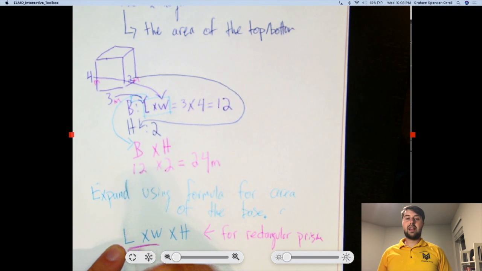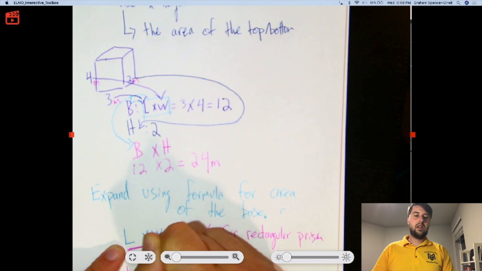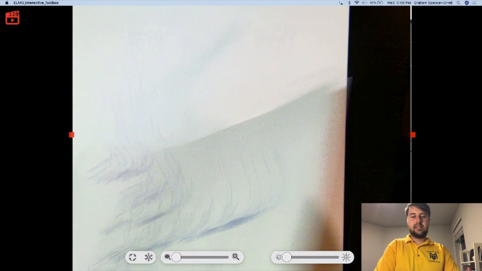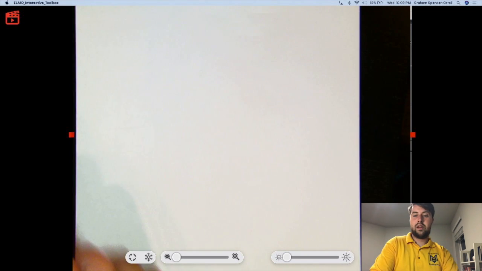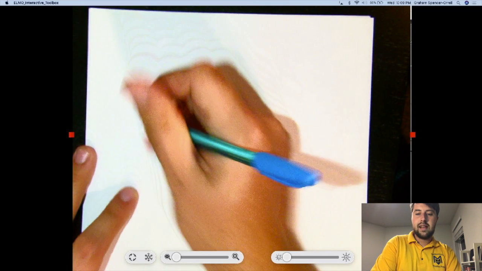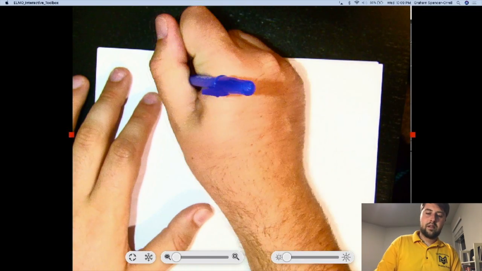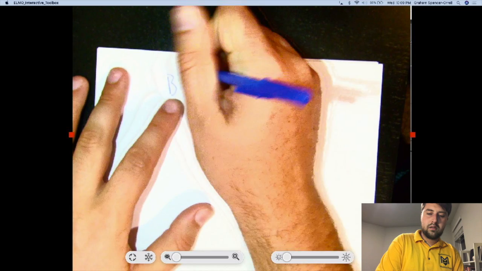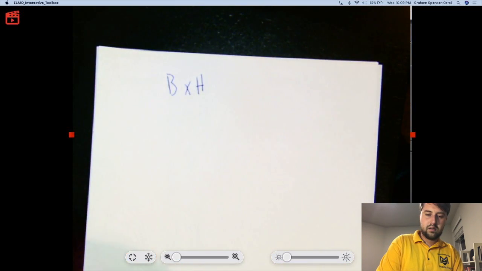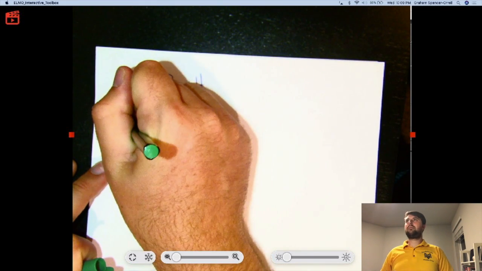So we're going to try this with a triangle now. And I'm going to try and pick some friendly numbers. I forgot to plan this one out. So we have our formula, that's the same for any prism. It is our base, which is the base area, times the height. Now I'm going to draw our triangular prism. We're going to have a triangle. There's our triangular prism.